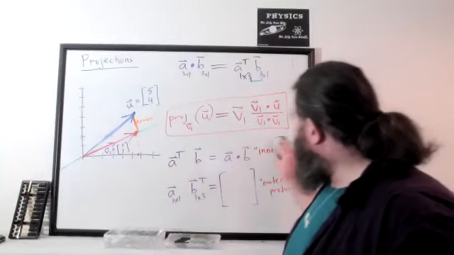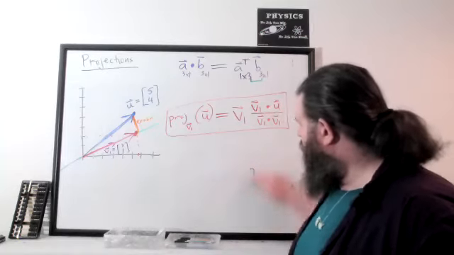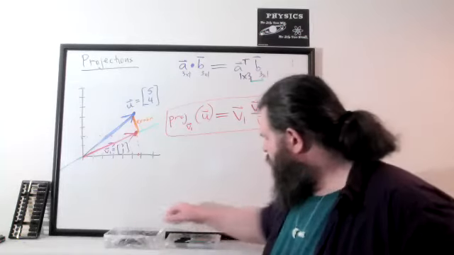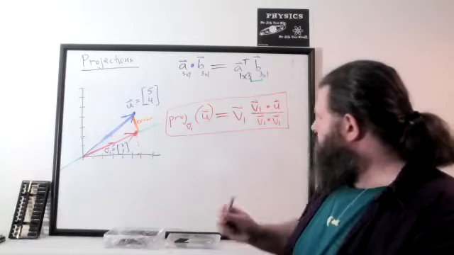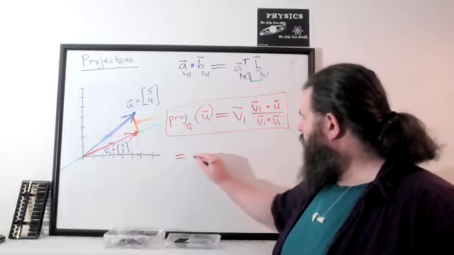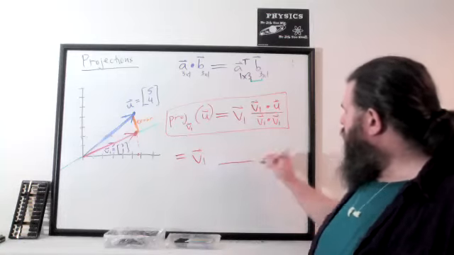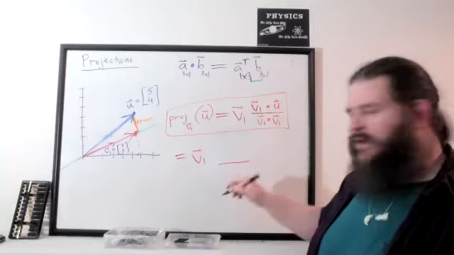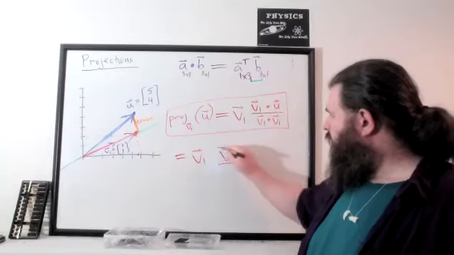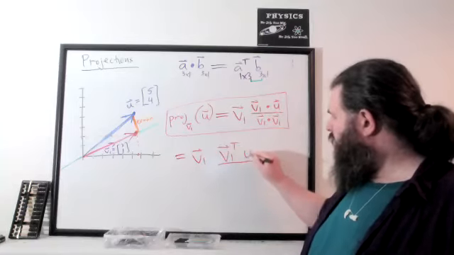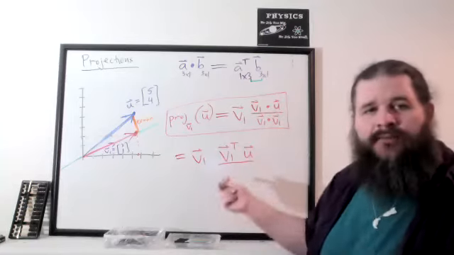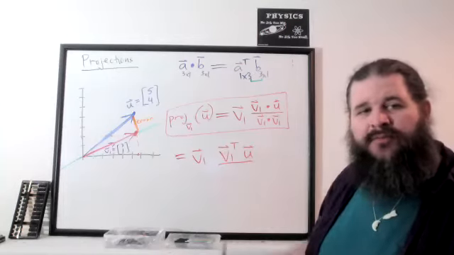So let's try rewriting that in terms of inner products. We've got v1 times, and here we've got v1 dot u. So we can write that as v1 transpose times u. And now this is no longer a dot product. This is just straightforward matrix multiplication.